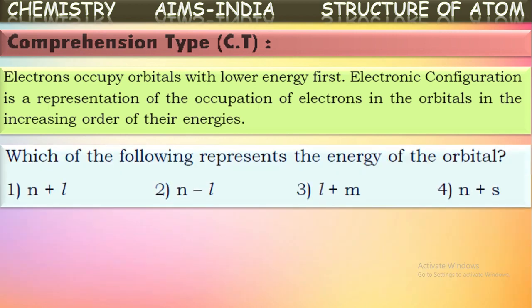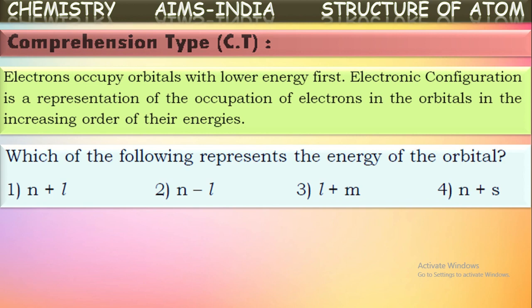See the first one. Which of the following represents the energy of the orbital? Actually, in the absence of a magnetic field or electric field, the energy of the orbitals is compared in terms of azimuthal quantum number and principal quantum number values. The sum of these numbers will be considered to compare the energies of the orbitals.